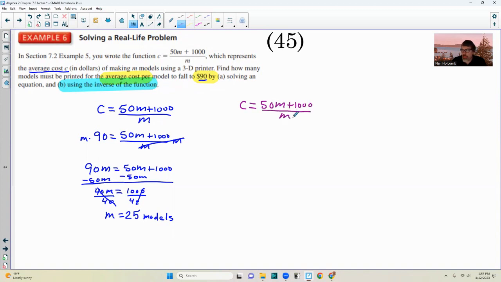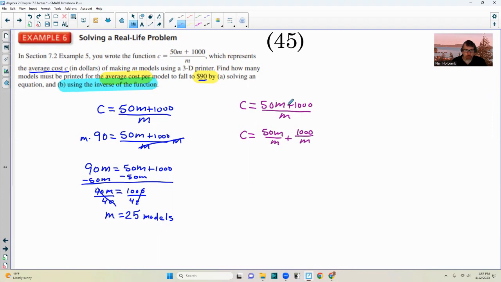So what we're going to do now is the inverse. In other words, we're going to solve the equation for m. It's basically the same thing, but there are a couple of ways we can do it. Over here, I multiplied both sides by m to get rid of it, but here I'm going to do something different. This is going to be 50m over m plus 1,000 over m.